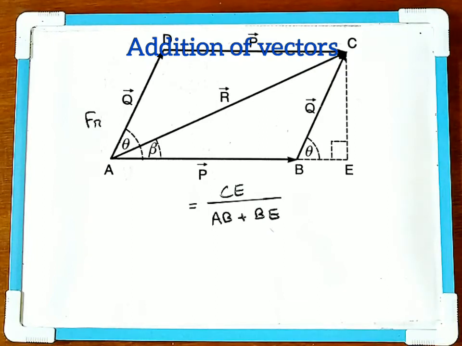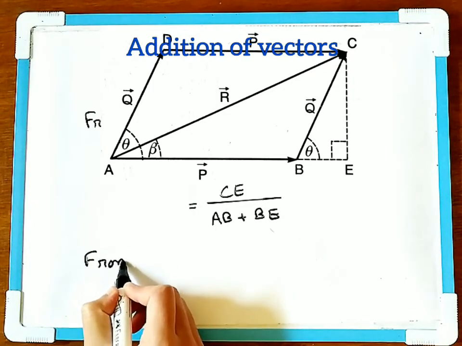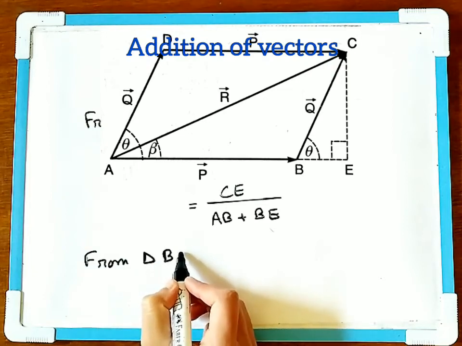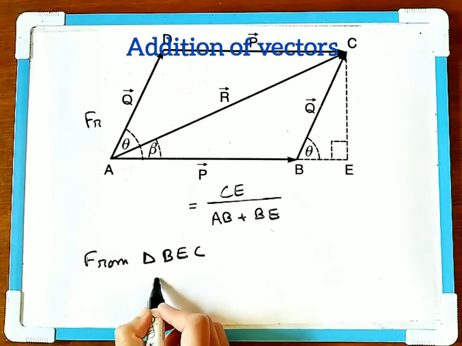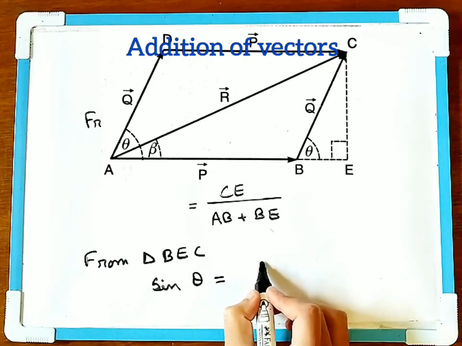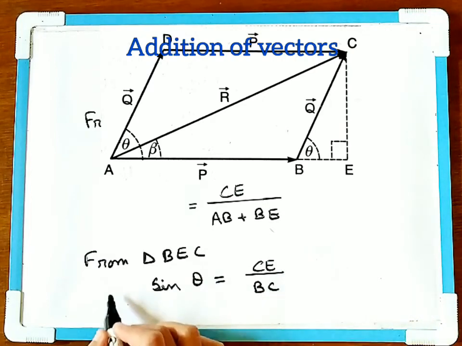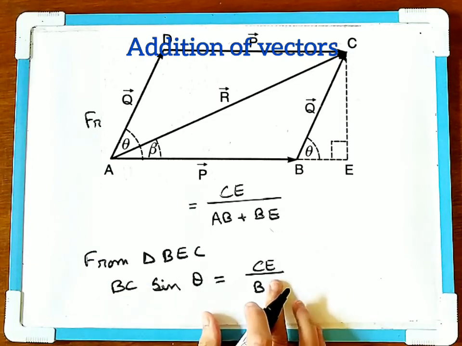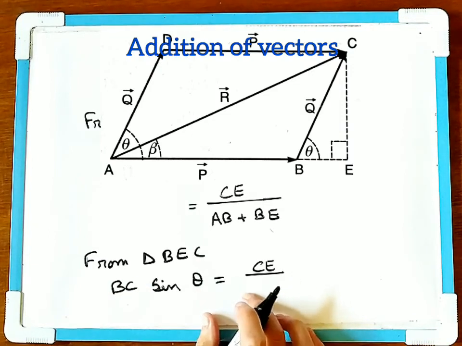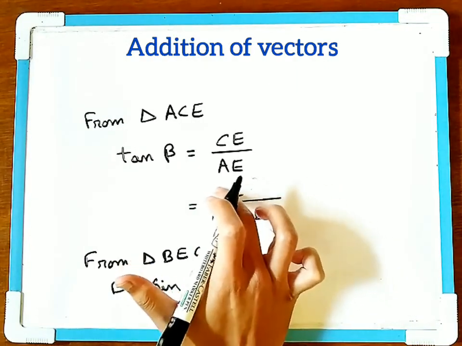In triangle BCE, how much is sine theta from triangle BEC? Sine theta is equal to perpendicular by hypotenuse, which is BC. So CE is equal to BC sine theta.